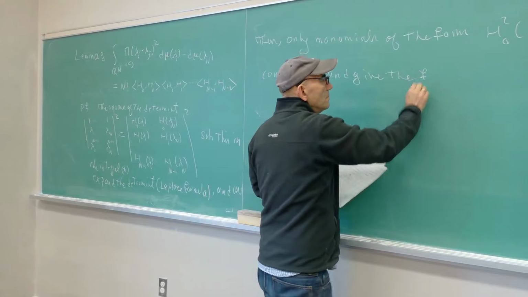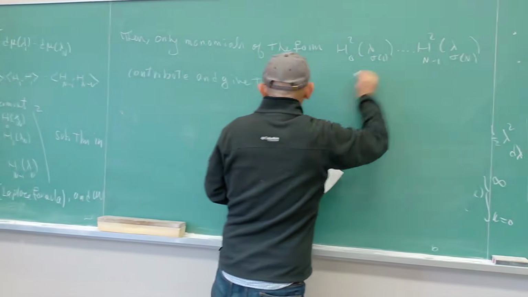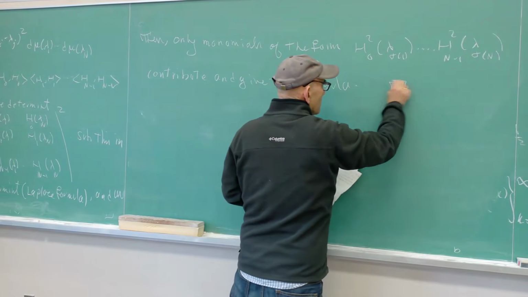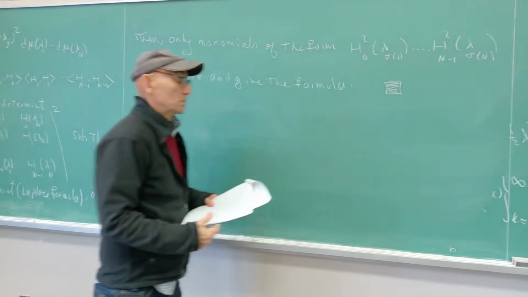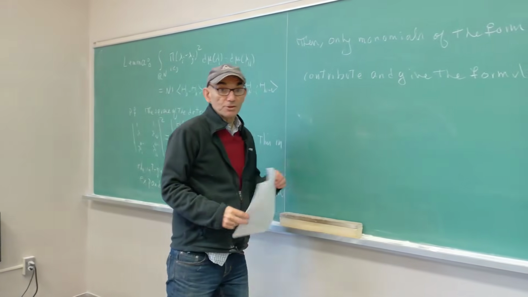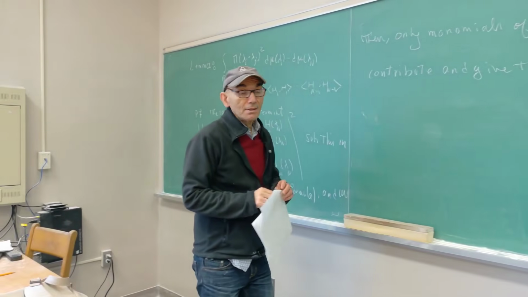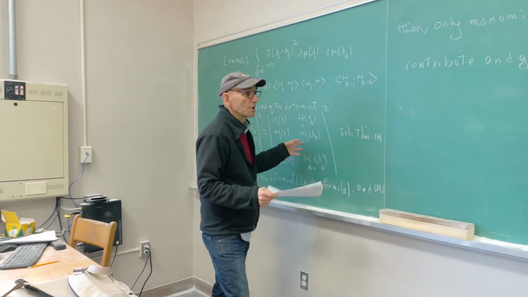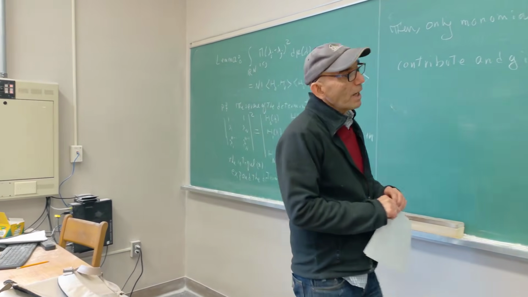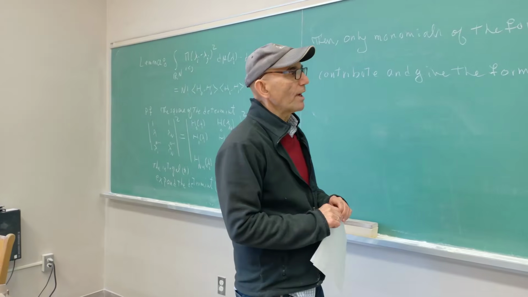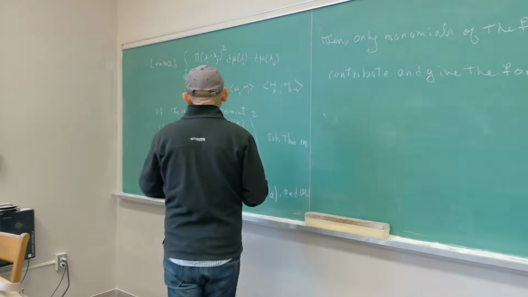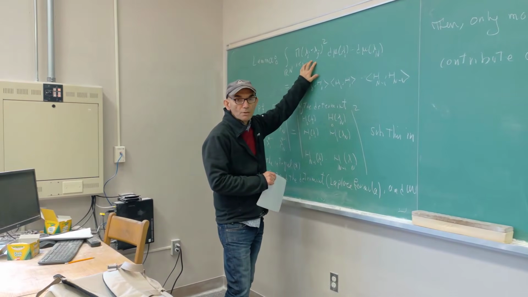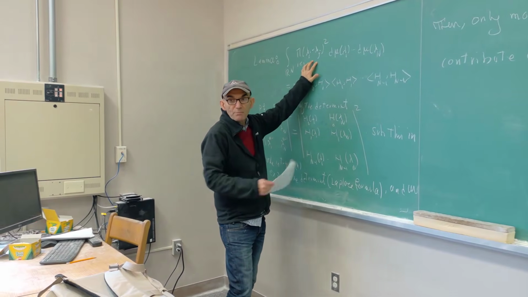So this is really nothing short of magic. It's really incredible because here, all these terms, well, it's not so drastic maybe, because if you expand it, you get only polynomials in lambdas.